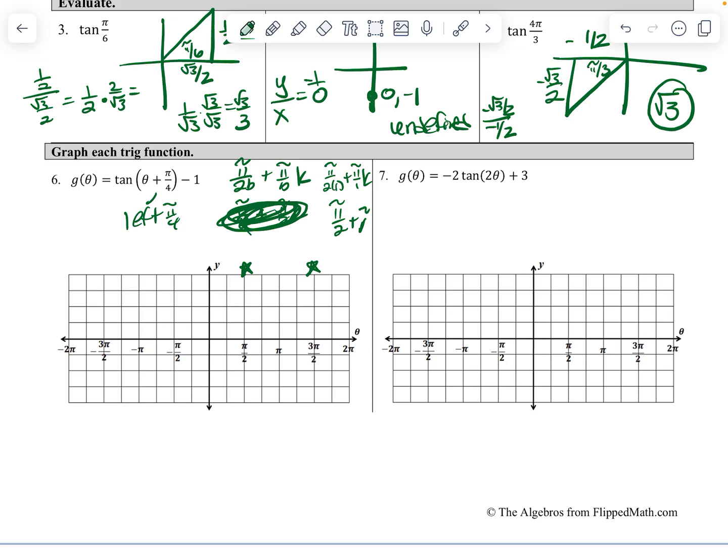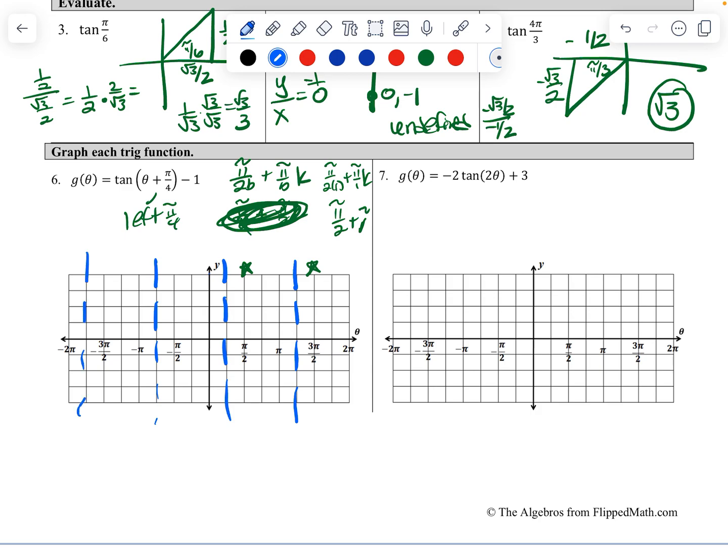But it's moved to the left pi over 4, so 1 tick mark. So 1, 2, 3, 4. 1, 2, 3, 4. And it's at negative 1. So here, and it's positive at the beginning. So we have those swoops. So here's our middle and swoop.